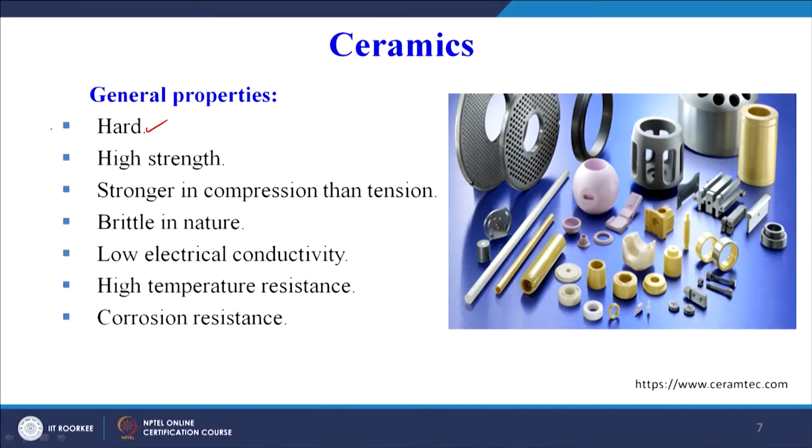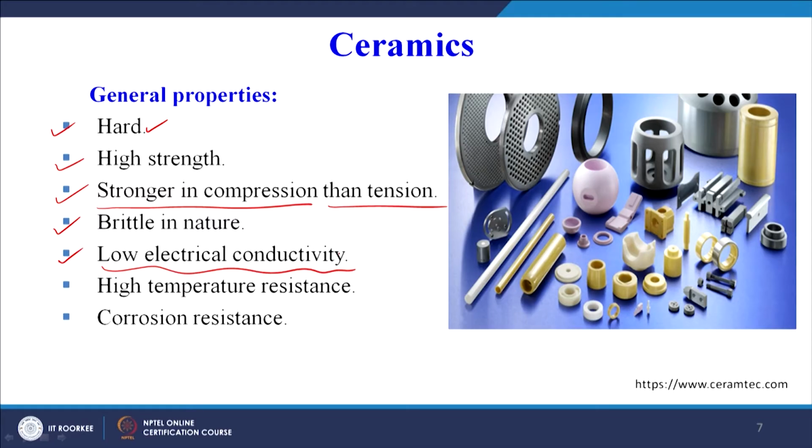So here also we are on the second and third stage, we are focusing on the properties as well as on the application. What are the salient properties of ceramics that we can see here? They are hard, they have high strength, they are stronger in compression, but not that good in tension. So they are brittle in nature, with low electrical conductivity.